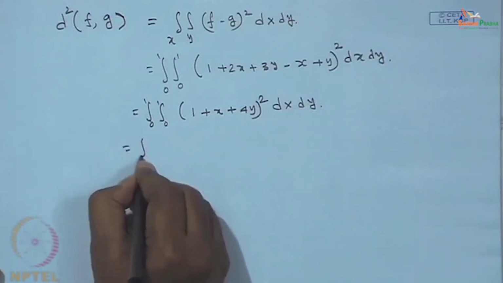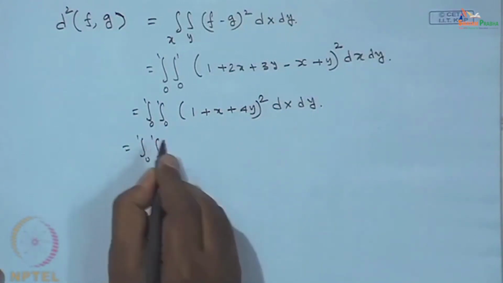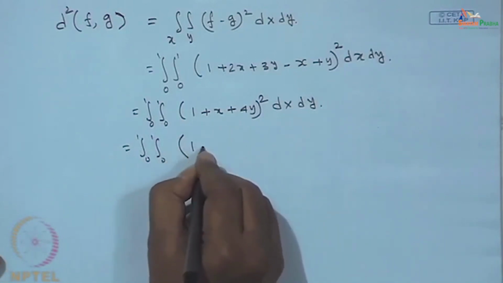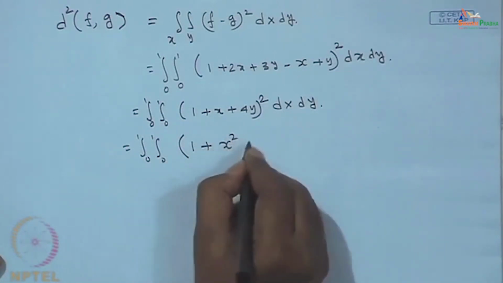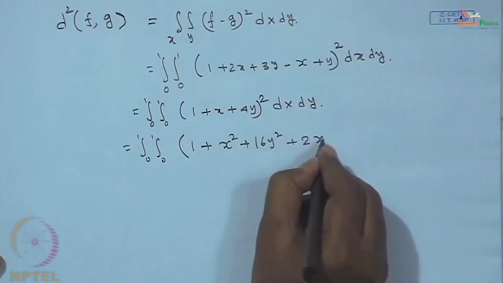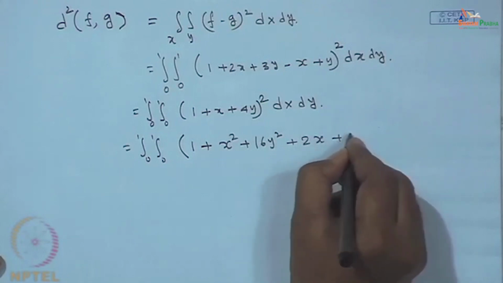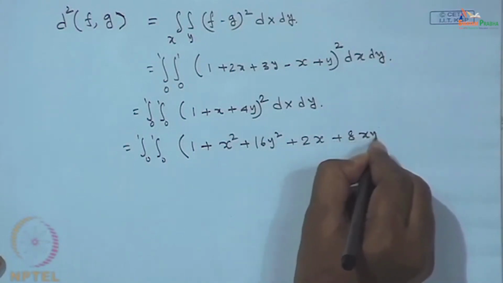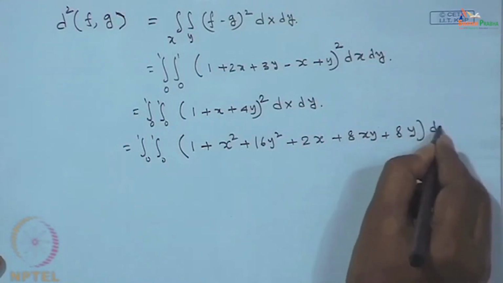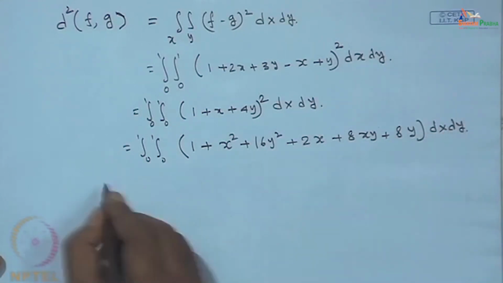So, this will be, just open up this square. If we open up this square, this becomes a square plus b square plus c square plus 2ab plus 2bc plus 2ca, dx dy.